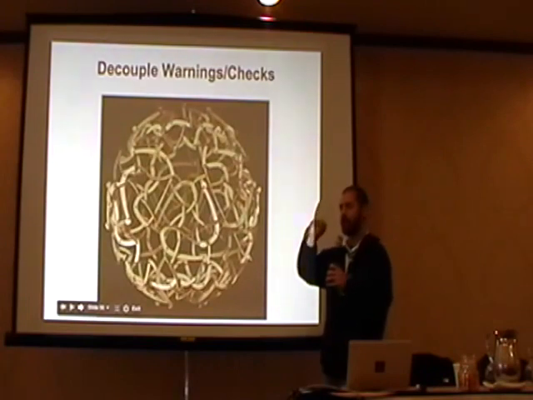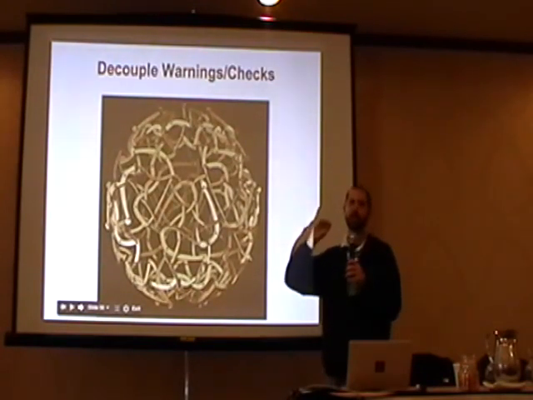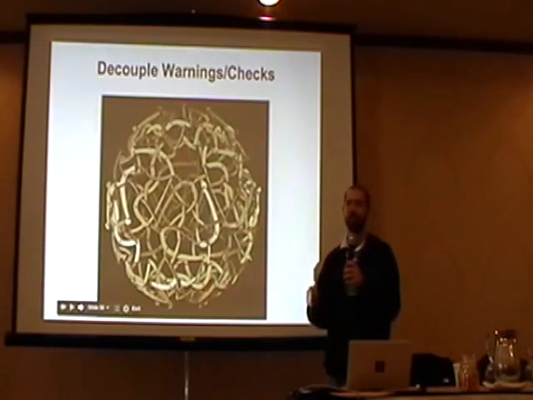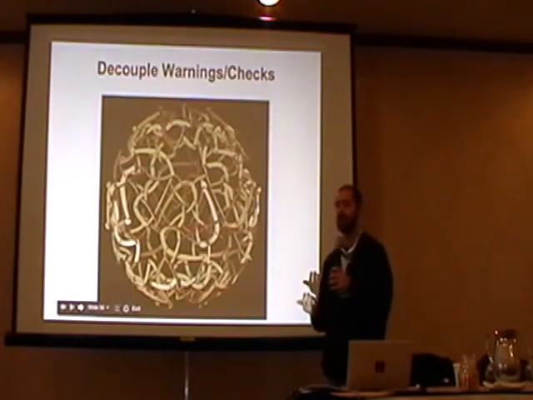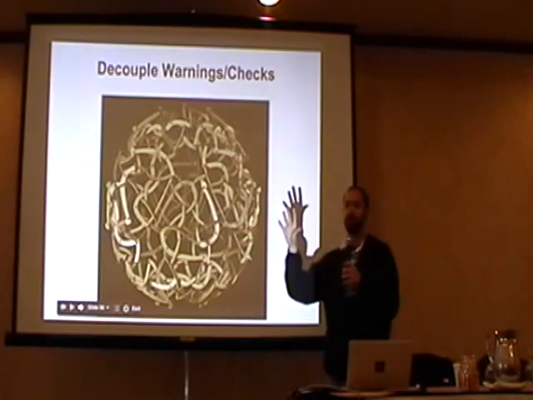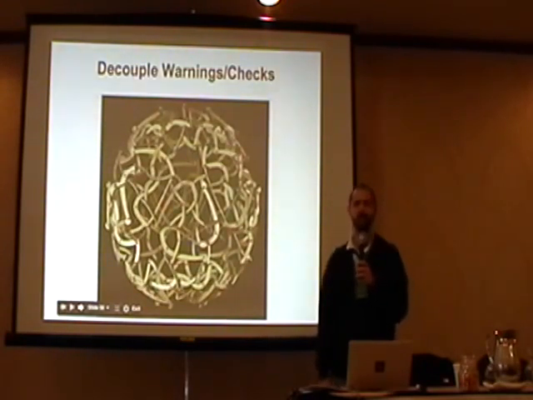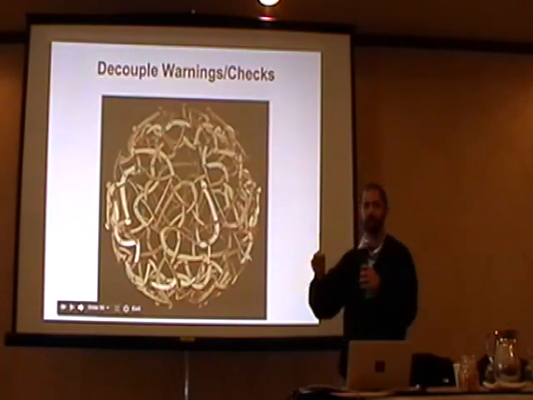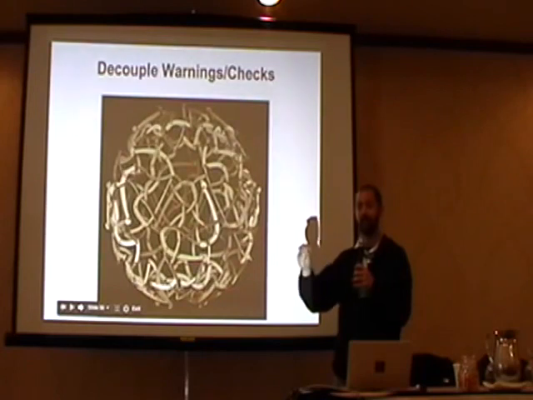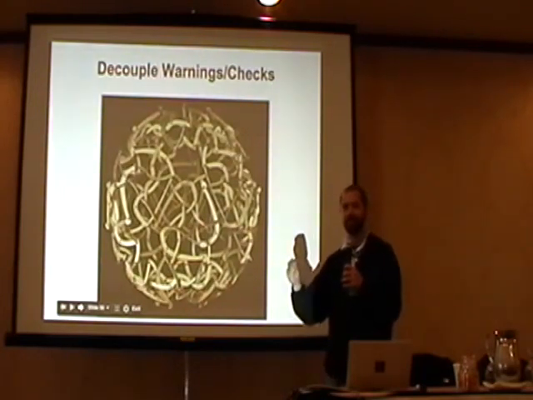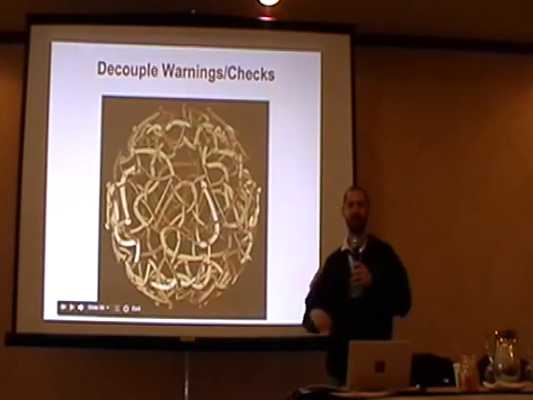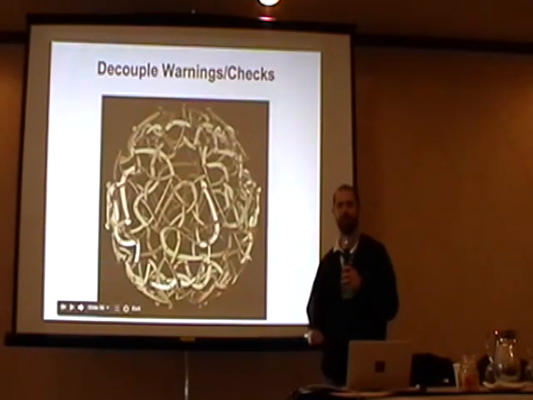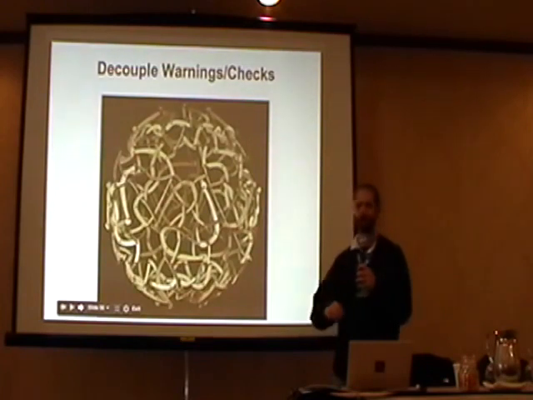So when someone wants to turn off a warning, well, in Brakeman, and again, this was a big mistake, you have to turn off that entire check. But now you're turning off probably more than one type of warning. So now you're kind of stuck, and it's annoying. So don't do that. The other thing is, in Brakeman, each check is a Ruby class, and that discourages you from writing new classes. Because you're like, oh, I don't want to have a directory of 50 Ruby classes to do all this stuff. That was a mistake.